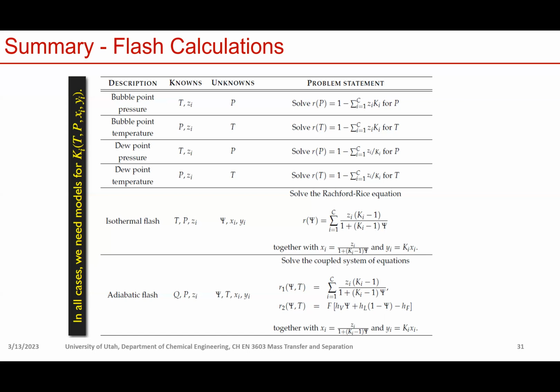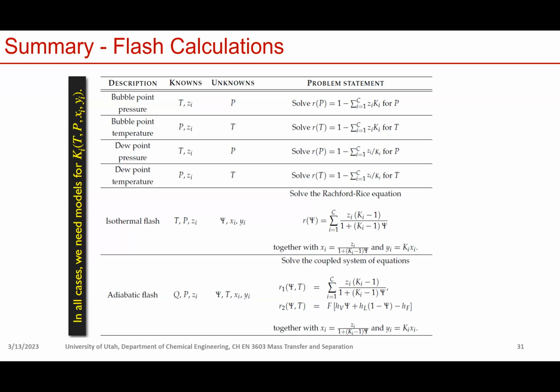Once you know P, you can know K. You plug into this equation and compute the residue between one and this term. If this residue is not zero, then you need to update your value of P. You do this by many iterations until you find a P value that minimizes this residue to a threshold that you can accept. And the same goes for the other three examples.